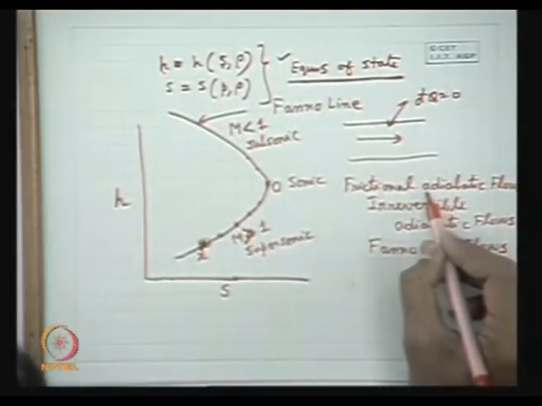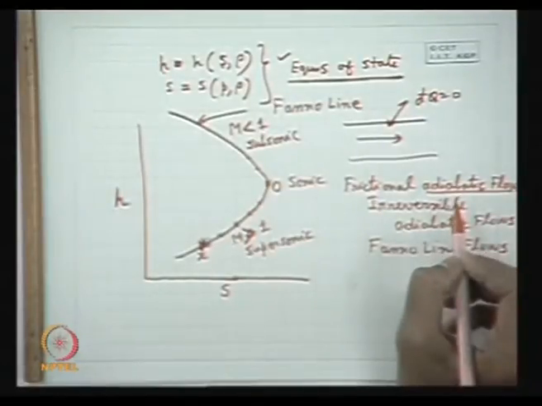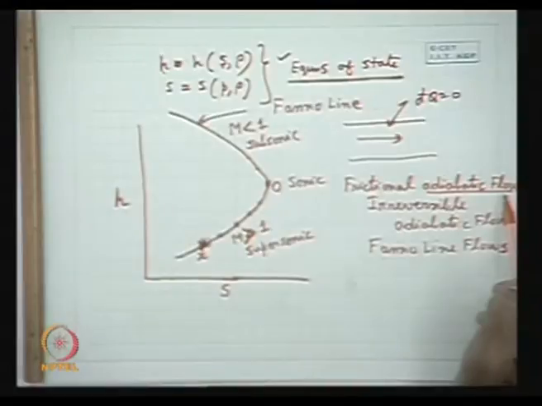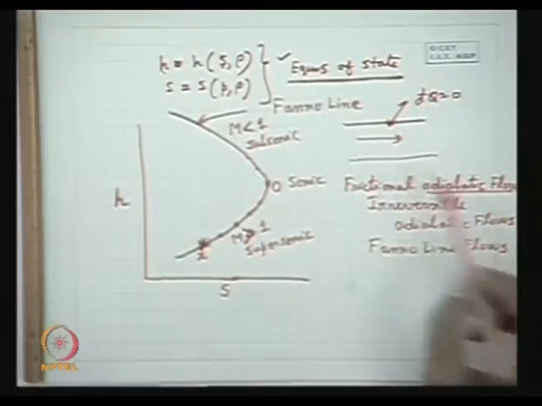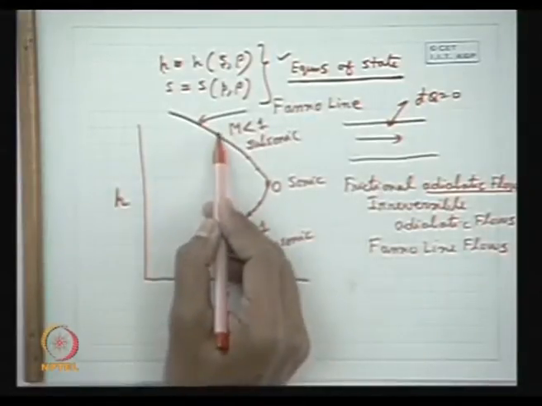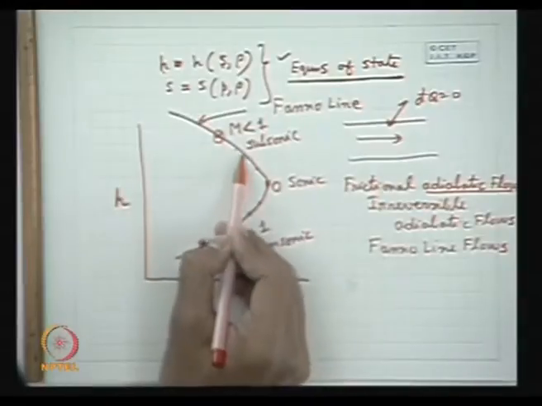This is because the flow is adiabatic. Therefore the entropy of the system will increase, because the second law of thermodynamics tells us that the entropy change of an isolated system is always greater than 0. Since the system is isolated, there is no heat transfer with the surroundings, so the entropy change of this system will be greater than 0. Similarly, if I have a point in this region upstream, the downstream point will be towards this direction.